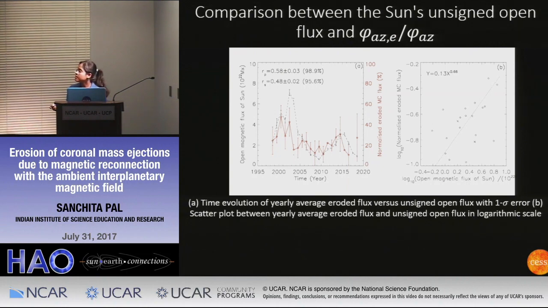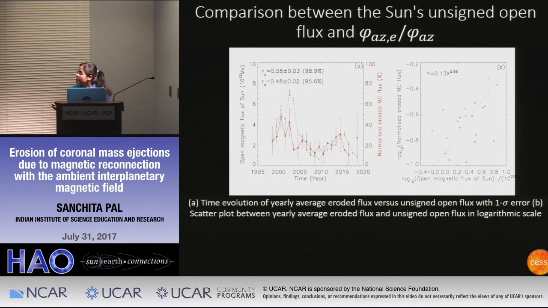You can see it is almost following the dashed line, which is the open flux, and the errors are shown with this vertical bar. We found the linear correlation coefficient is 0.58 with around 99% confidence level.